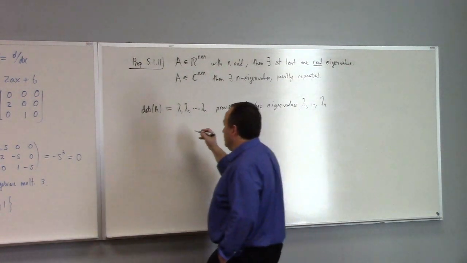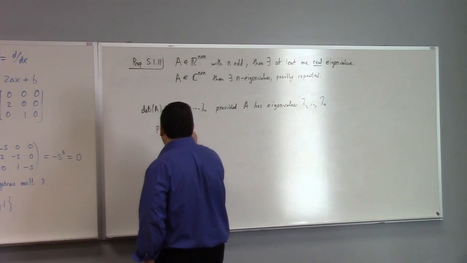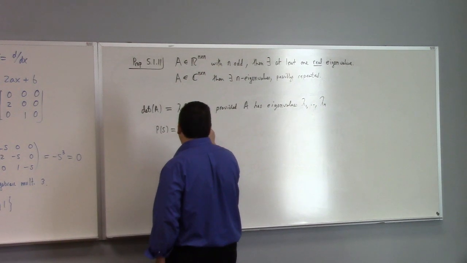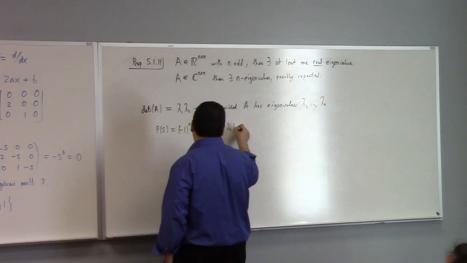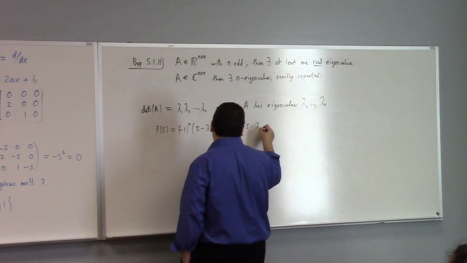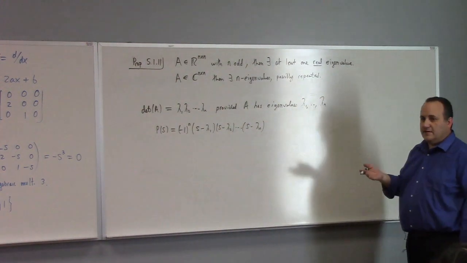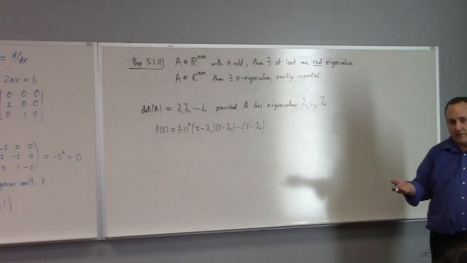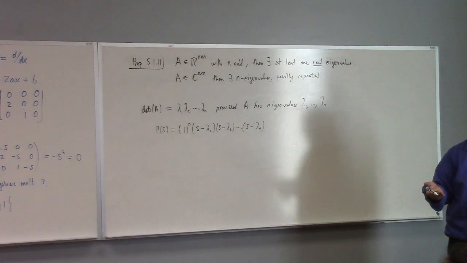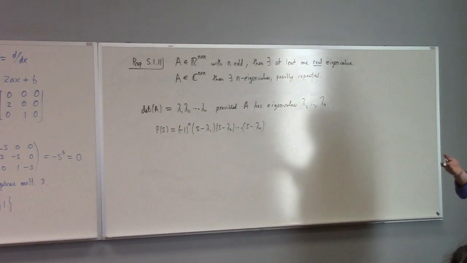Then that means that P of S can be written as what? Excuse me, minus 1 to the n times S minus lambda 1 times S minus lambda 2 times S minus lambda n. Why can I say that? Factor theorem, right? Each eigenvalue is a 0 of the characteristic polynomial. So that means I can factor out S minus lambda i for each one.